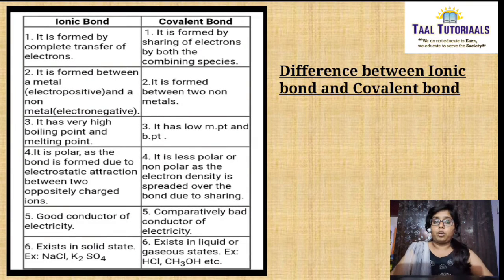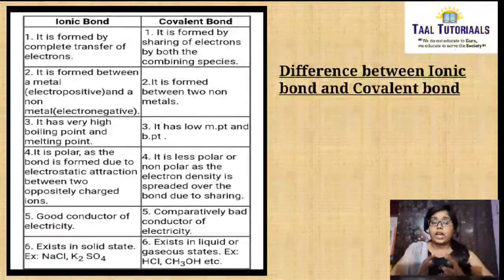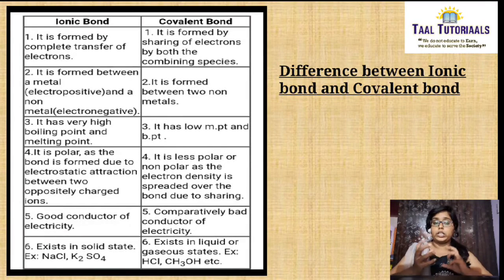And ionic bond is polar, as the bond is formed due to the electrostatic attraction between the oppositely charged ions. It is polar in nature. If you come to covalent, it is less polar or non-polar, as the electron density is spread over the bond due to sharing. Okay, this is less polar and that is polar.